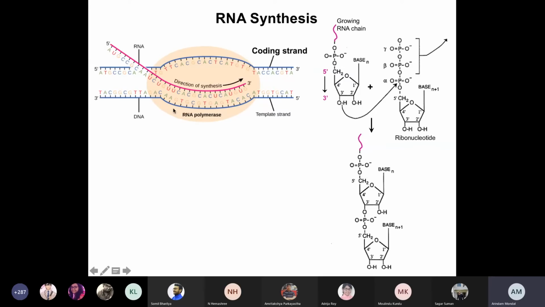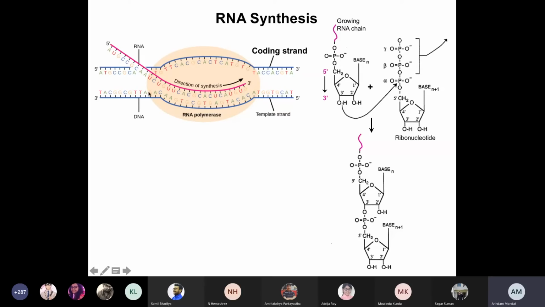Here is an enlarged image of the transcription which is happening. This circle represents the RNA polymerase. This is the coding strand. This is the template strand. And the pink line is the RNA under synthesis. You see, the sequence of the RNA is exactly the same as the sequence of the coding strand. The only difference is that whenever there is a T in the coding strand, there is a U in the RNA strand.